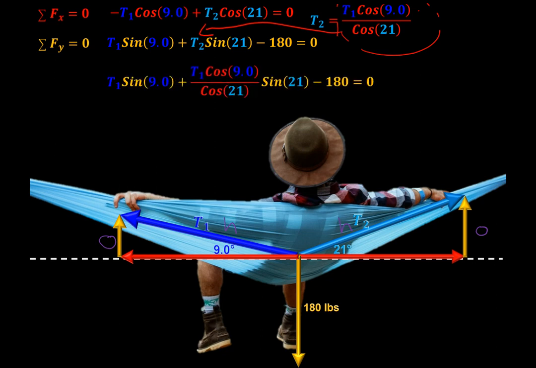And now we only have one unknown. Before we had two unknowns. We didn't know what T1 or T2 was. But now we only have one unknown. We can mathematically solve for our T1 now. What happened here is sine over cosine, our cosine times sine equals tangent.